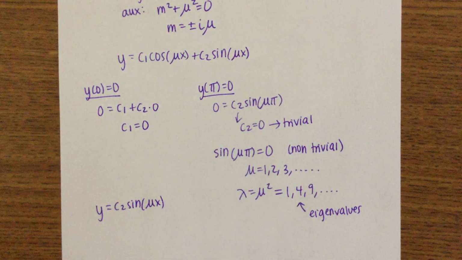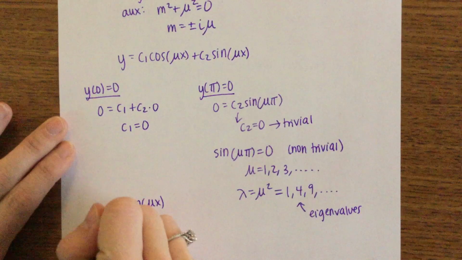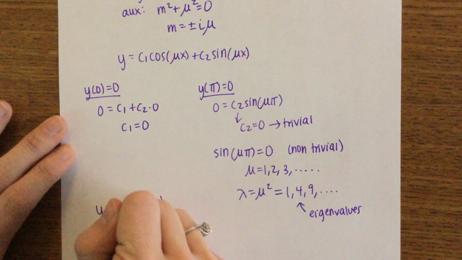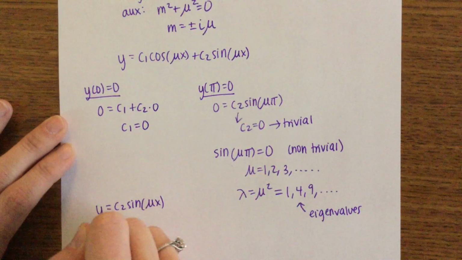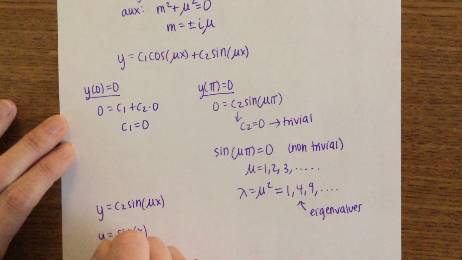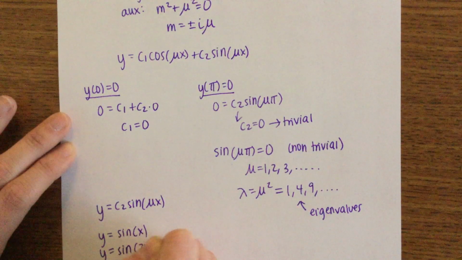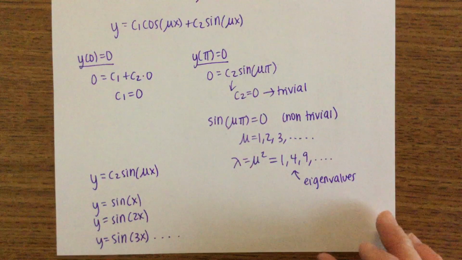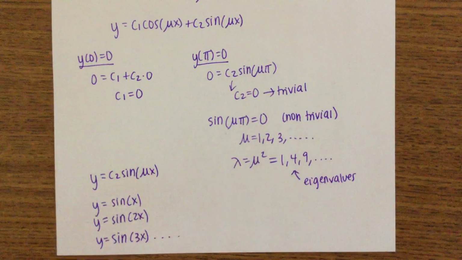We can choose whatever we want for c2, so I'm just going to choose c2 to be 1. So then some of the eigenfunctions will be y equals sine of x, y equals sine of 2x, y equals sine of 3x, etc. Those are all eigenfunctions, so all solutions for the given eigenvalues.